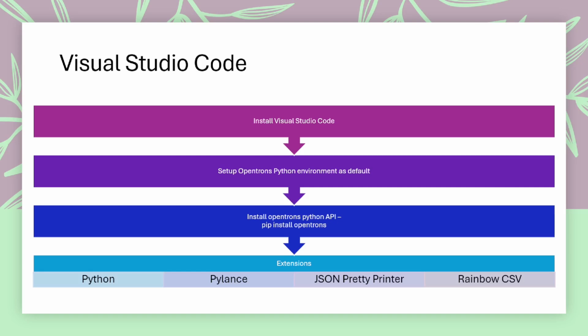The only reason we would like to install JSON is you might be working with custom labware, so it might be a good idea to have JSON Pretty Printer installed. And Rainbow CSV allows you to see different columns with different colors in the VS Code environment itself. So let's get these three installed: Pylance, JSON Pretty Printer, and Rainbow CSV.